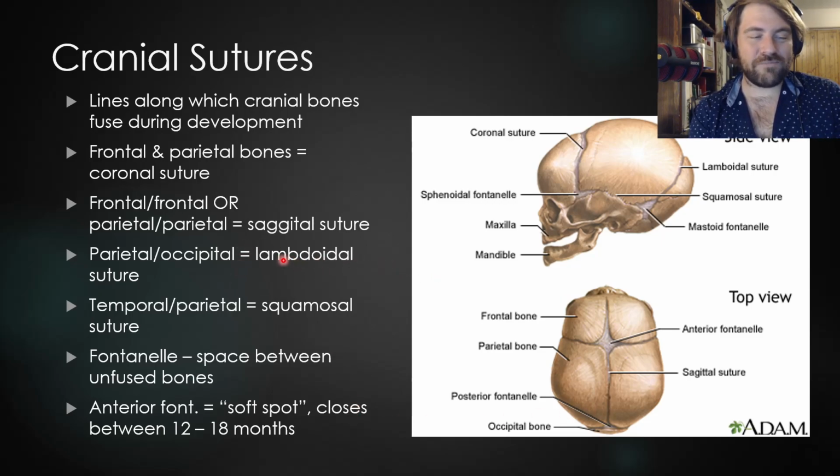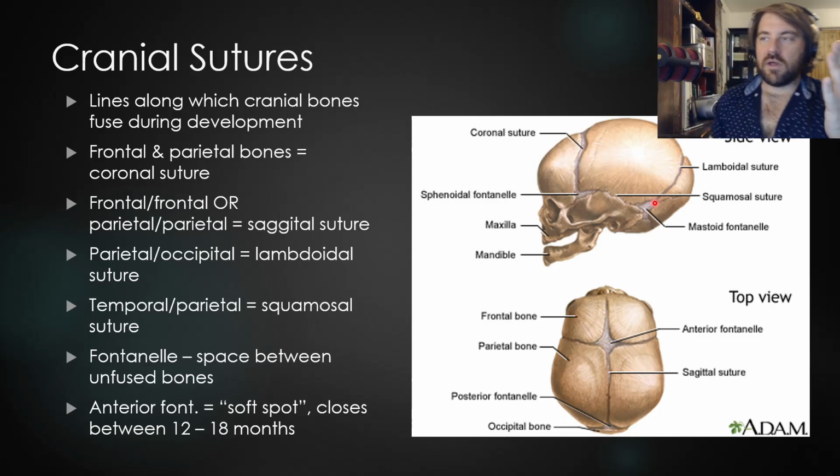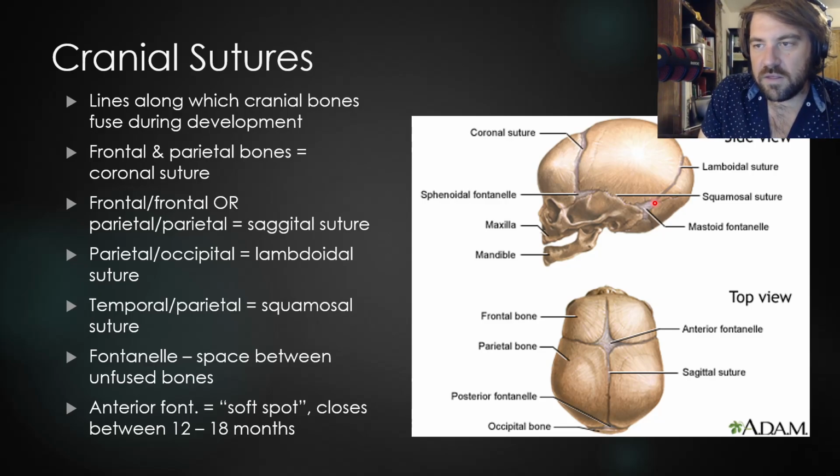Okay, here's a weird one, though. What I just said may not be entirely true, because we've got something called a lambdoidal suture, which is right here. The lambdoidal suture is going to fuse the parietal bone and the occipital bone. Lambdoidal, crazy word. By the way, I realize this picture that I have here says lamboidal.